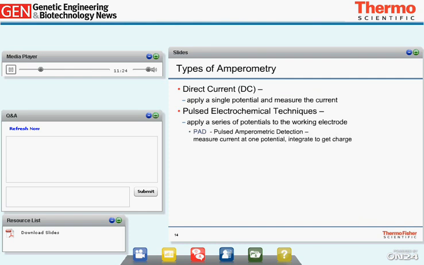PAD, or pulsed amperometric detection, measures the current at one potential and integrates to get a charge in nanocoulombs. IPAD, or integrated pulsed amperometric detection, measures current at more than one potential and also integrates to get the charge in nanocoulombs.